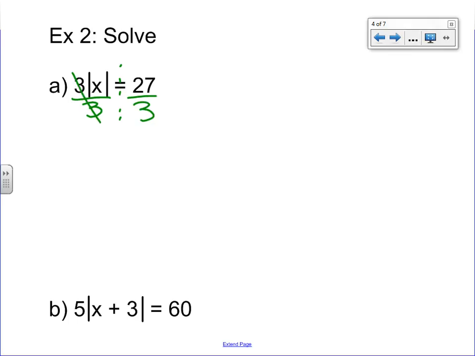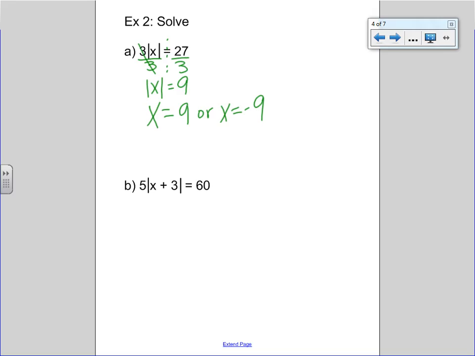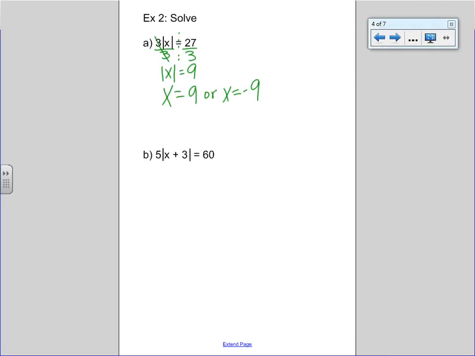The 3's will cancel, leaving me with the absolute value of x equals 27 divided by 3 is 9. Now, there are two numbers that give us the absolute value of 9, and that would be x equals 9 or x equals -9. Both of those are part of the solution set.